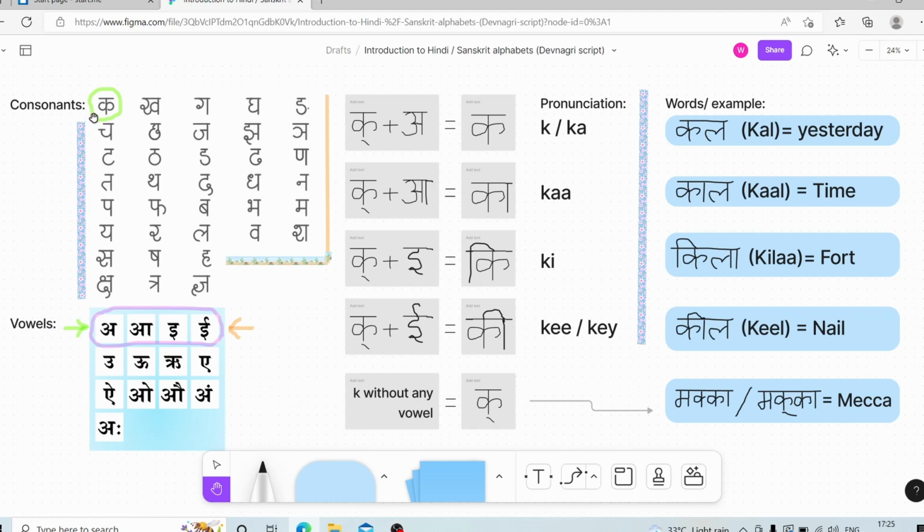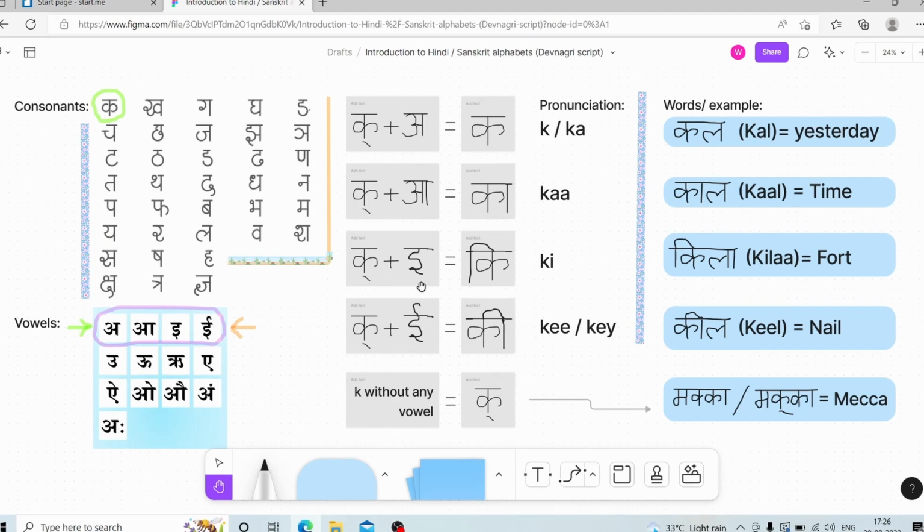The consonant K can be paired with each and every vowel. In this slide, I am showing you only 4 of the vowels, which are A, I, and E. For example, K plus A equals K. K plus A equals Ka.